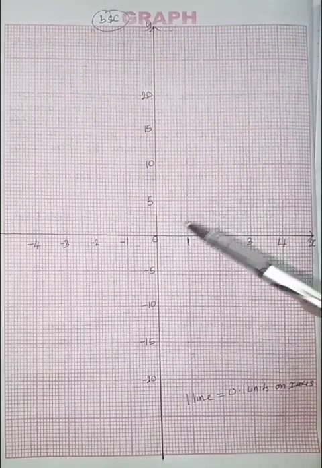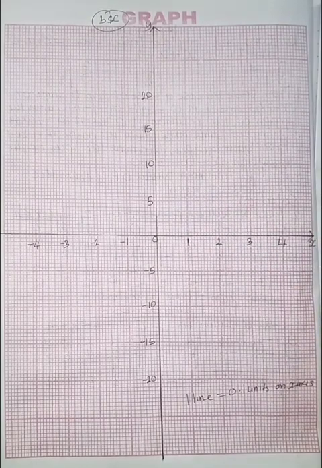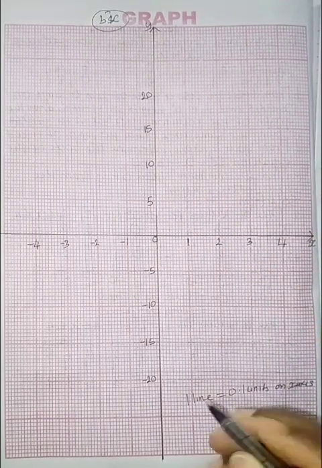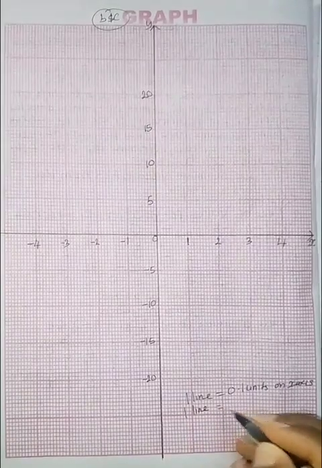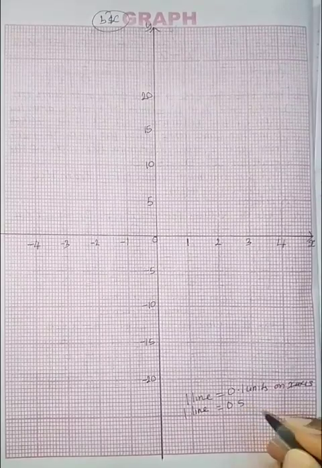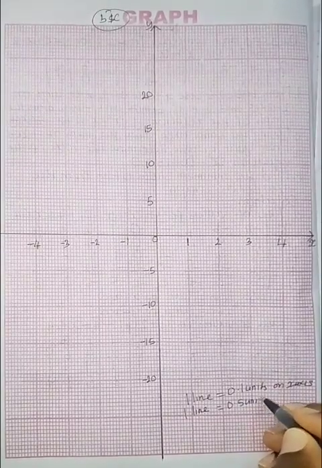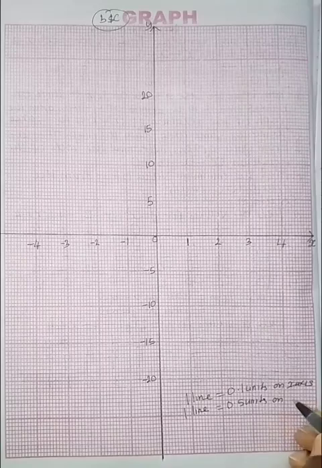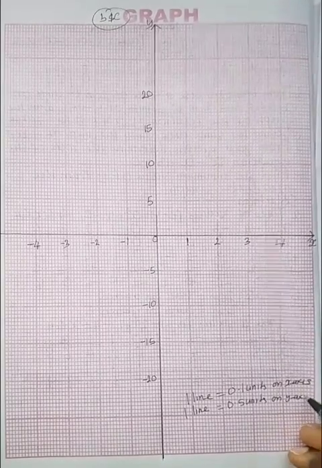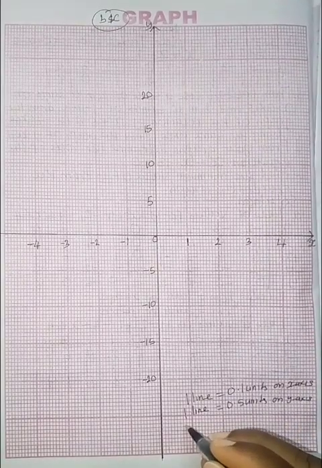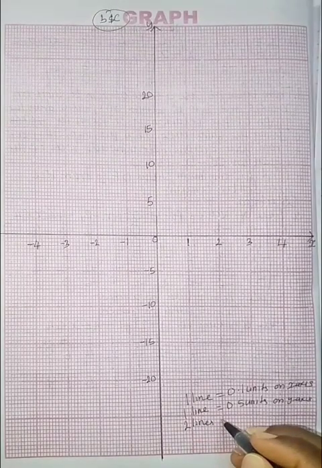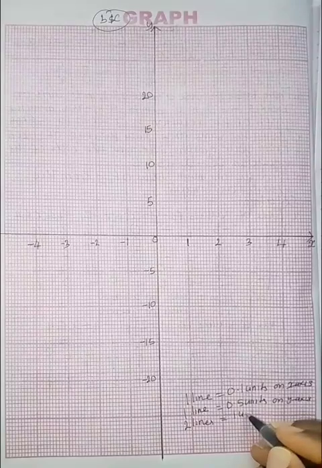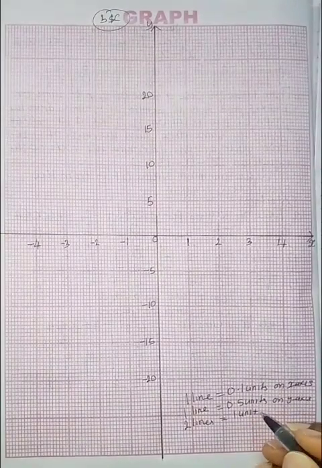So one line on the y-axis is 0.5. So one line is equal to 0.5 units on y-axis, or we can say that 2 lines on the y-axis is equal to 1 unit.